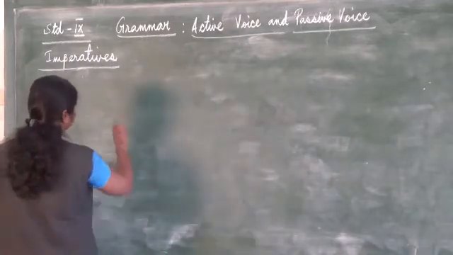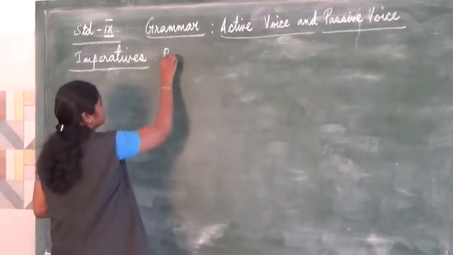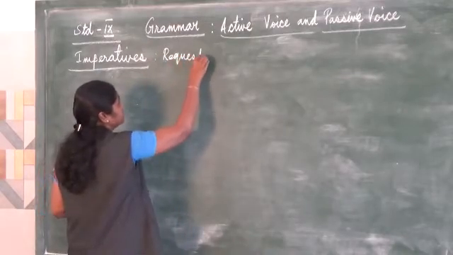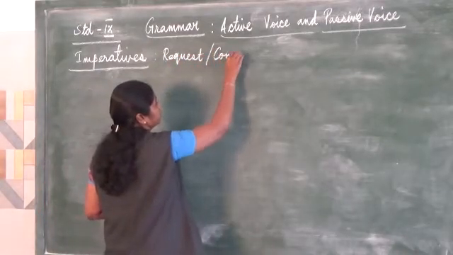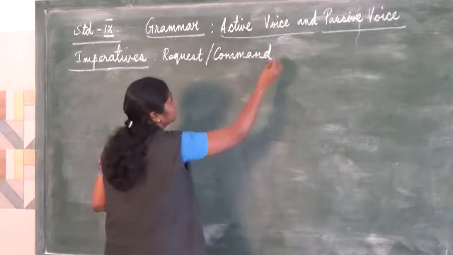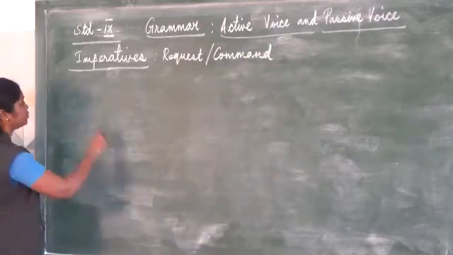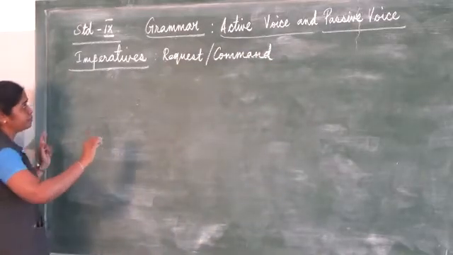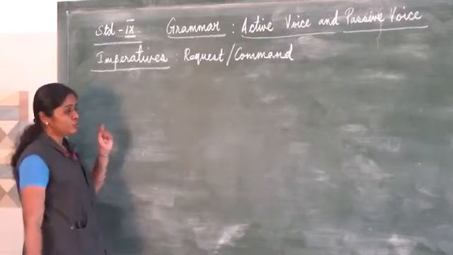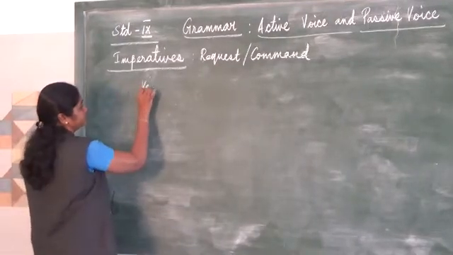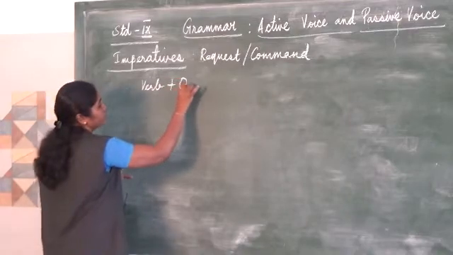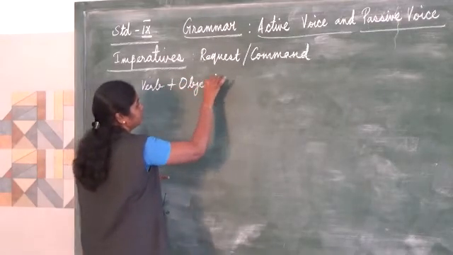As we all know, imperative sentences are either a request or a command. Usually, imperative sentences will mostly begin with a verb, followed by an object, that's all.